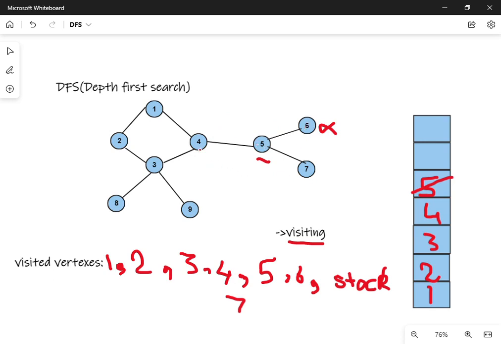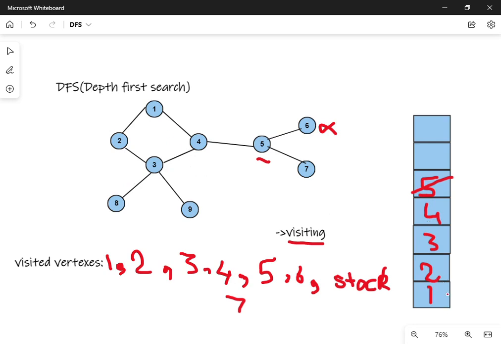So 5 is cancelled because we had visited all the adjacent vertices of 5, which are 6, 7 and 4. After cancelling, move towards the previously visited vertex. The previous visited vertex is 4, so the adjacent vertices of 4 are 3 and 1.